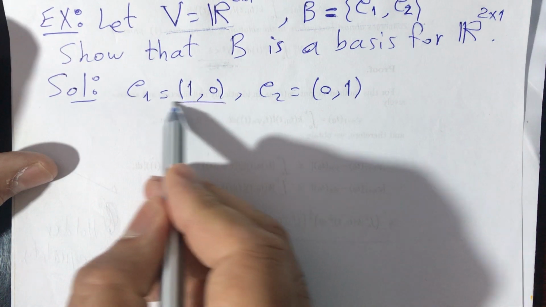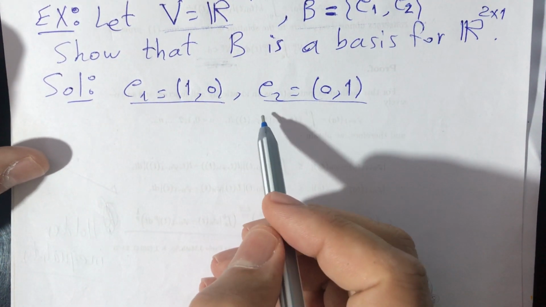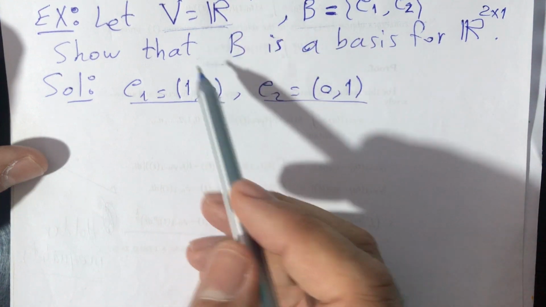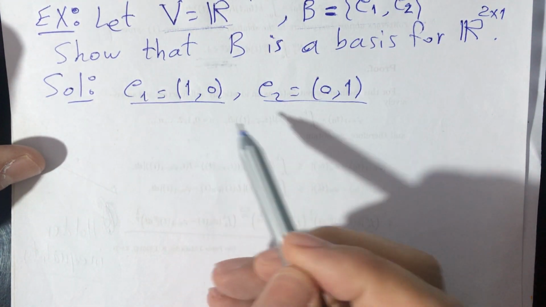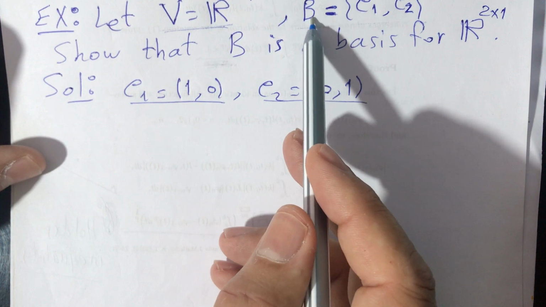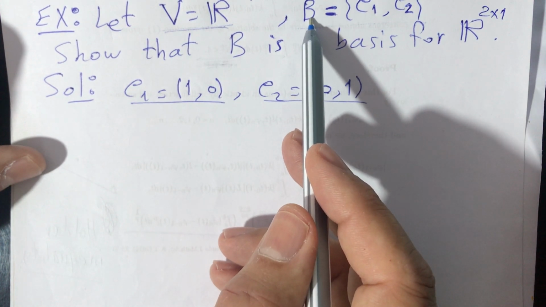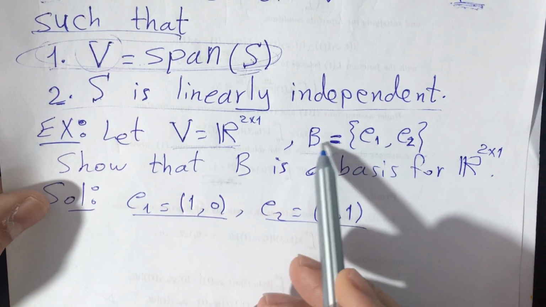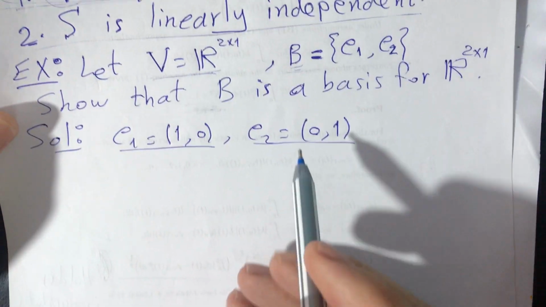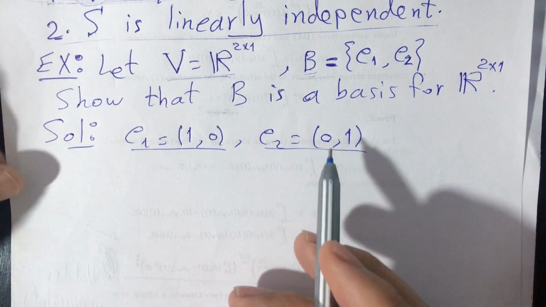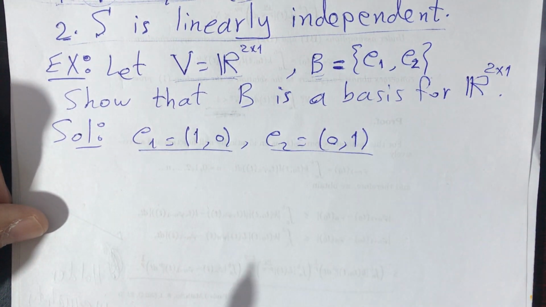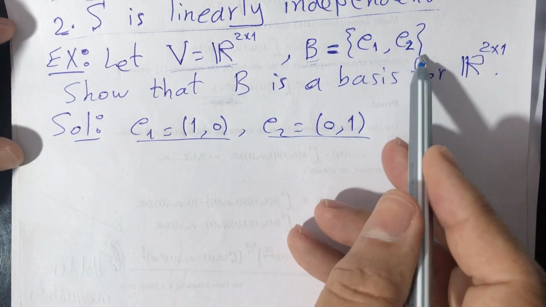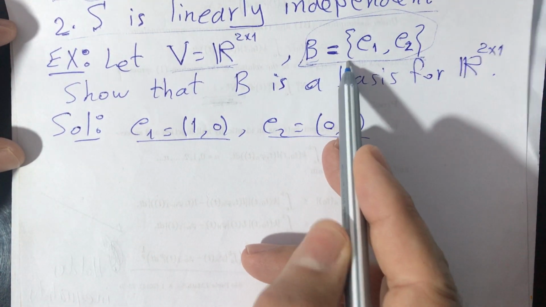So this is E1 and this is E2, and we have to show that R2 is equal to span B. In the definition we say S, and here B, the same. These are not different things. Now I have to show how this set spans R2.